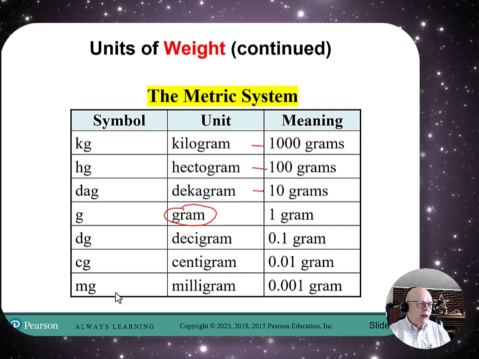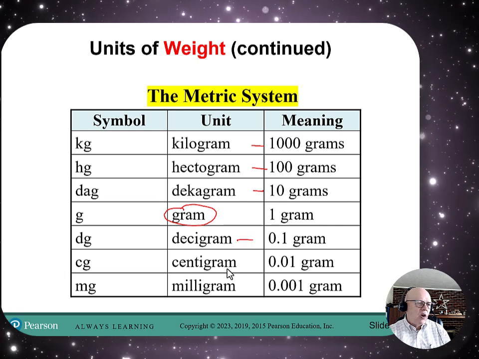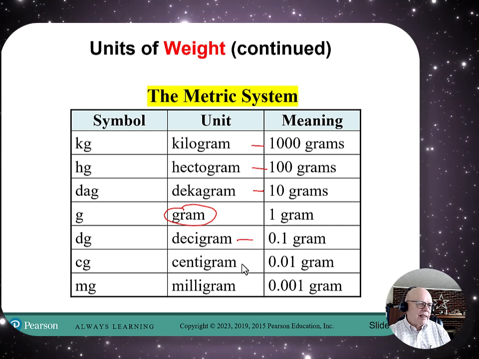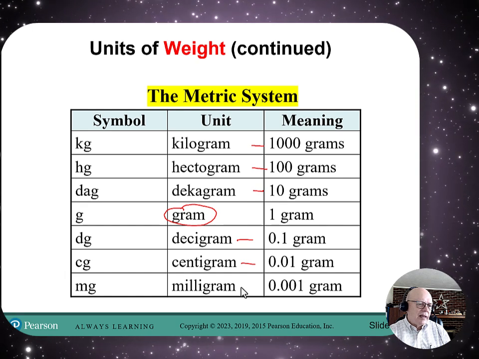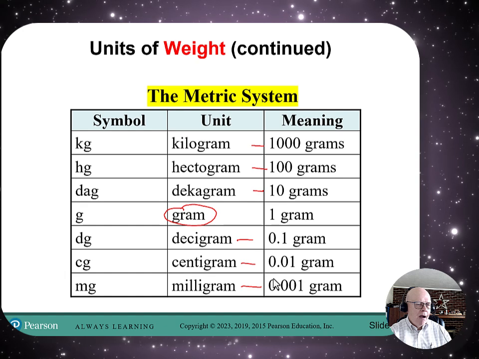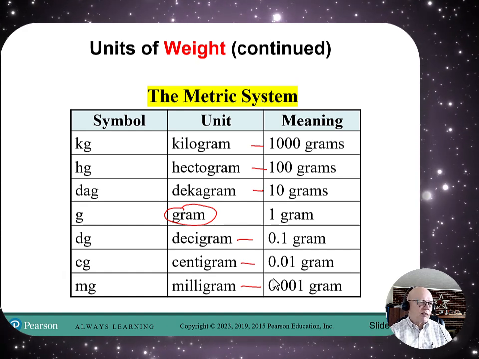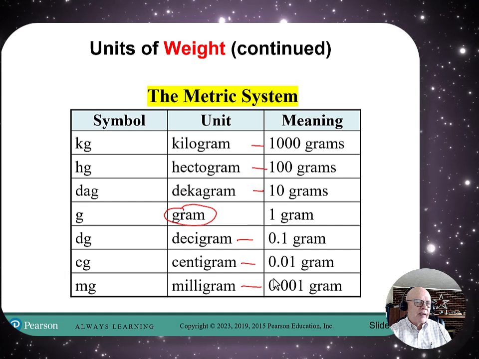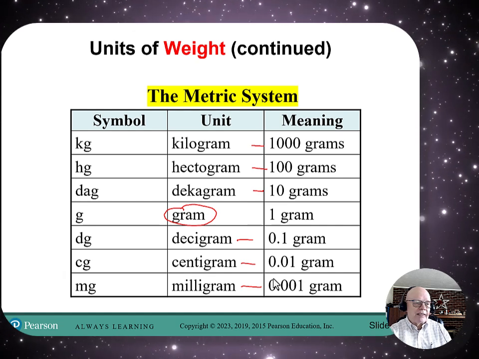Going smaller, 1/10 of a gram is a decigram, 1/100th of a gram is a centigram, and a milligram is 1,000th of a gram. You've seen part of this before. It goes by tens. That's why the metric system is preferred by a lot of places, especially in the scientific community.